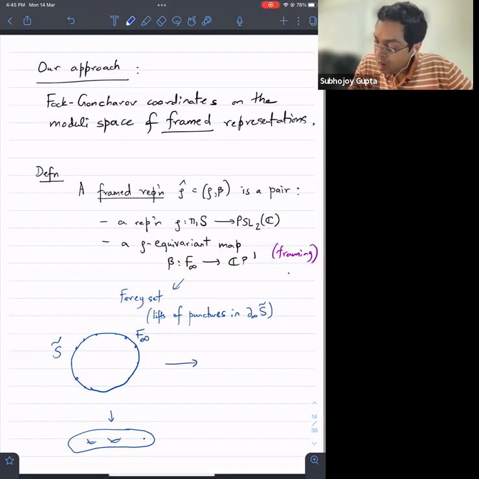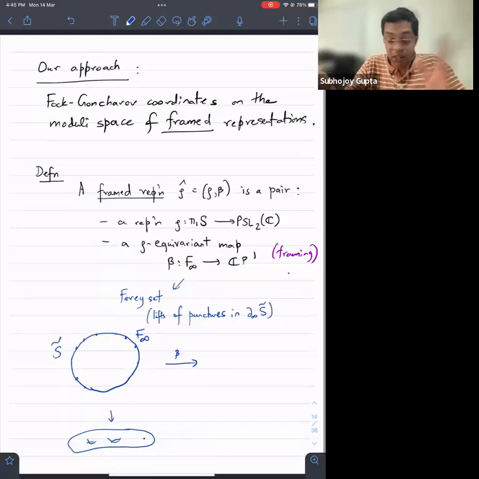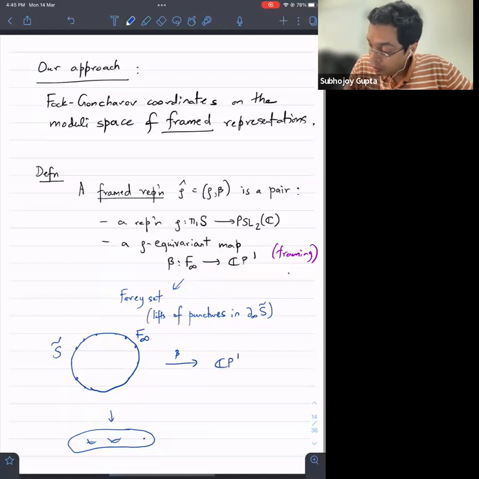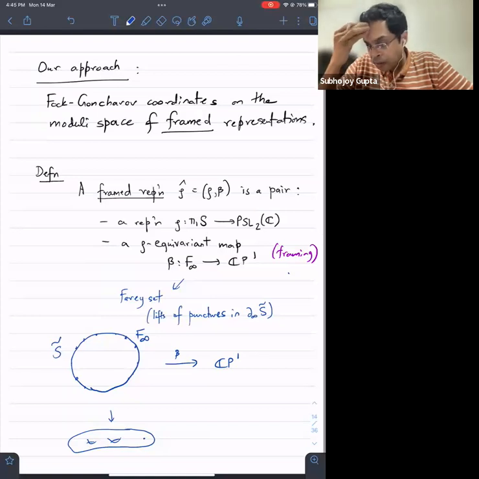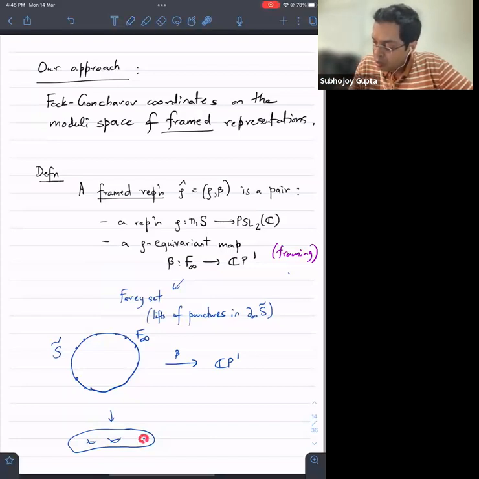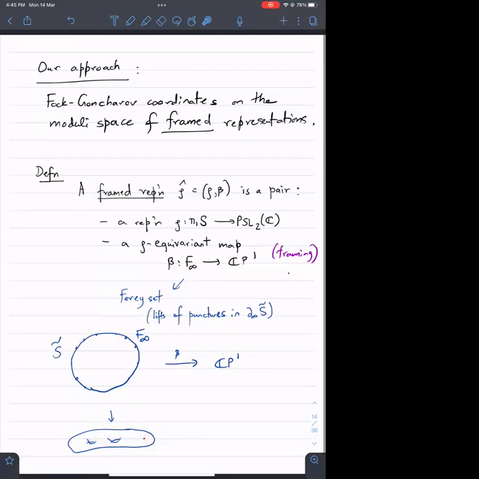And this beta, this framing, is a rho-equivariant map from the Farey set, which has a natural action of pi1 of S on it, to CP1. So you have this extra framing, which you can think of as a choice of a point in CP1 associated with each of the punctures in the surface downstairs.